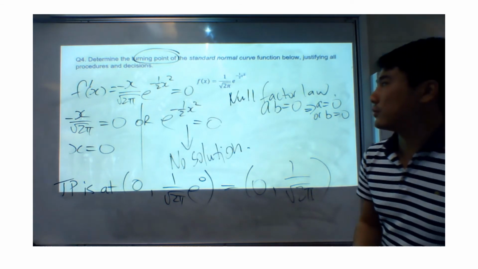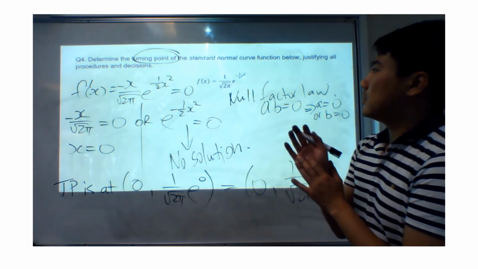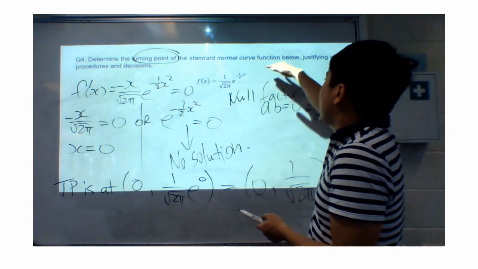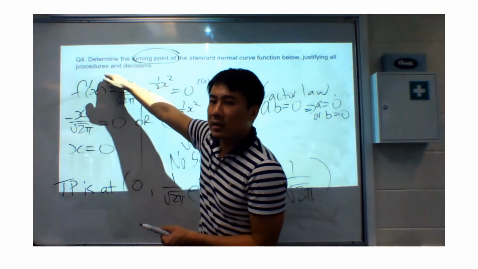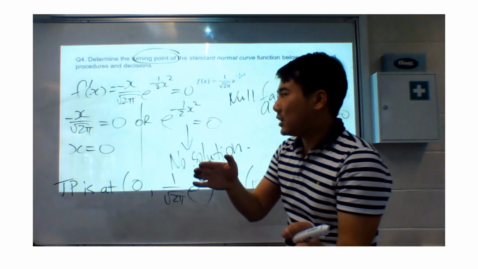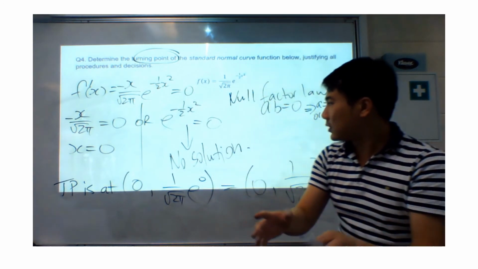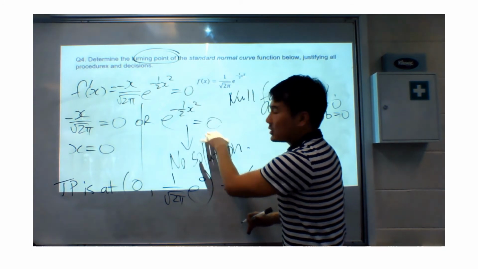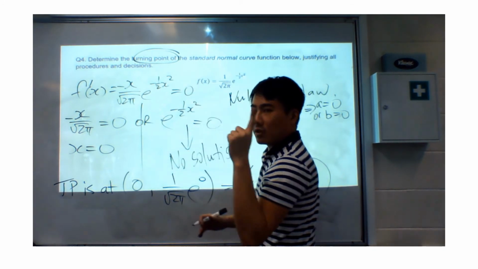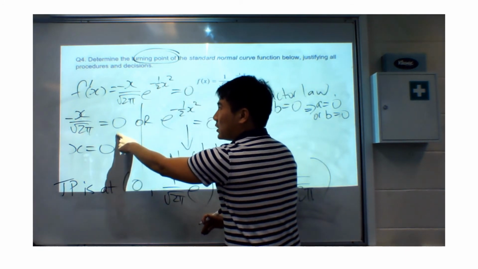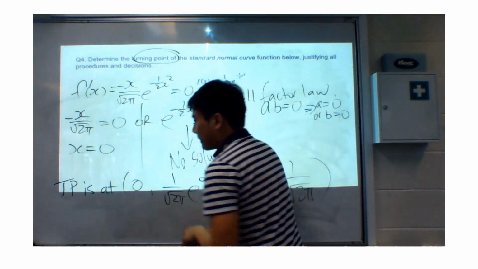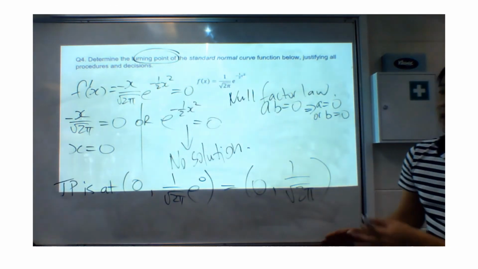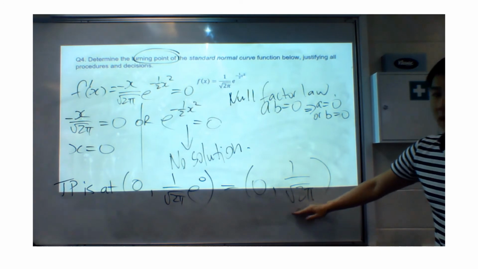That's how you do this question. Okay, you see, you have explained all the procedures and decisions. You have explained, okay, in this case, I can't accept this bit. This bit is 0. This bit is undefined. So there's only one solution for this to be 0. And then I'm stepping out, I'm clearly explaining myself, how did I come to this?